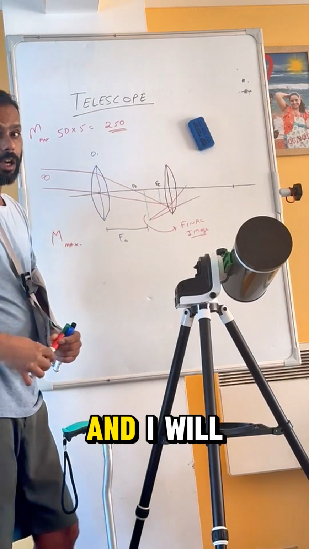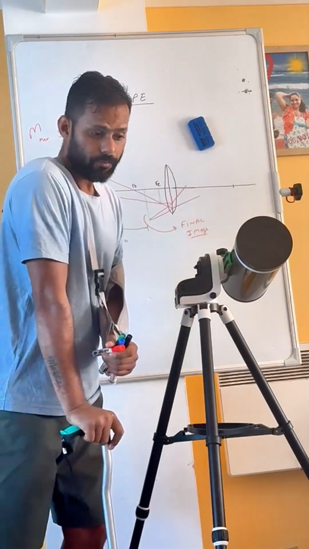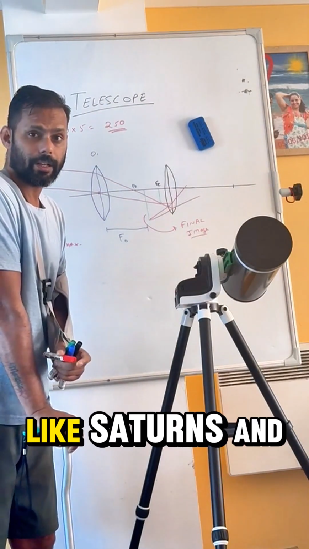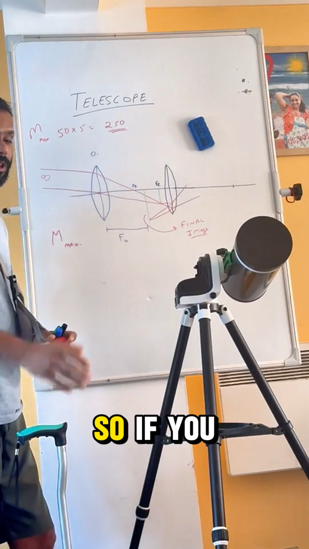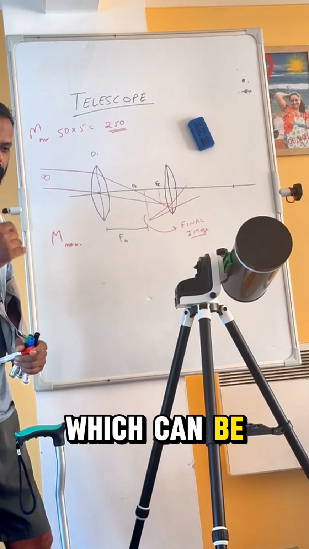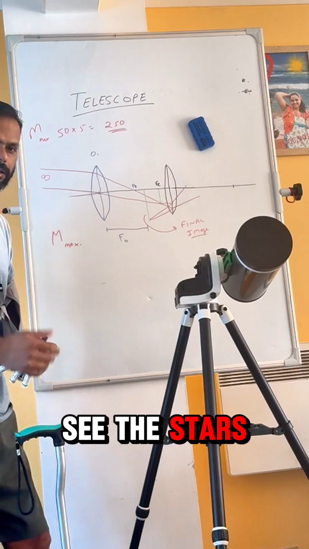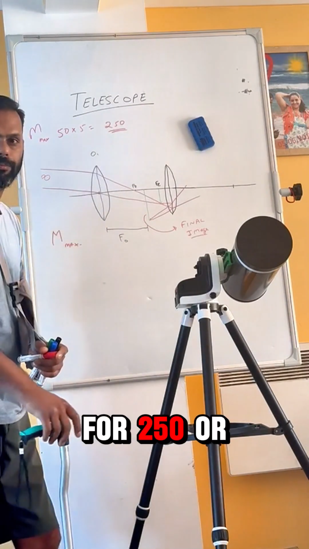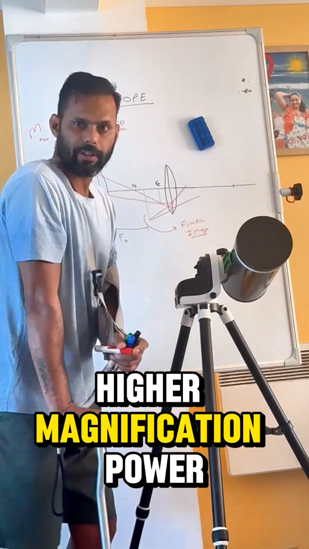And I will tell you one thing, guys, even with a magnification of 60 times you will be able to see planets like Saturn and Jupiter. So if you just want to buy a simple telescope with which you can see the stars and the planets, then you don't have to go for 250 or higher magnification power.